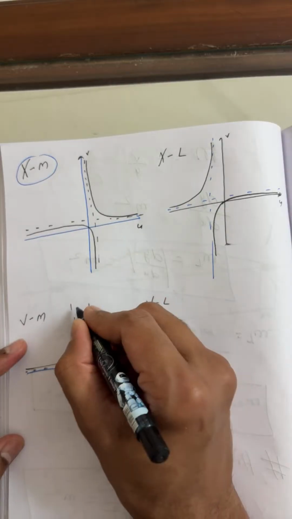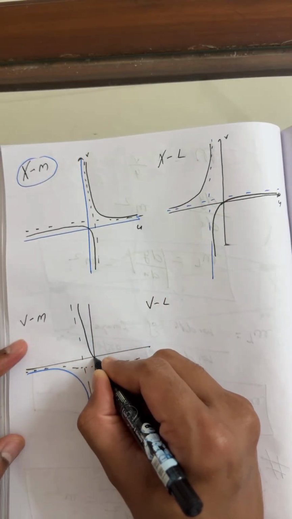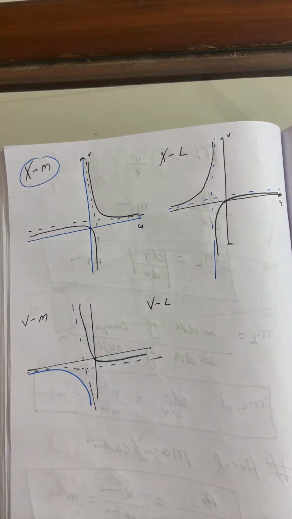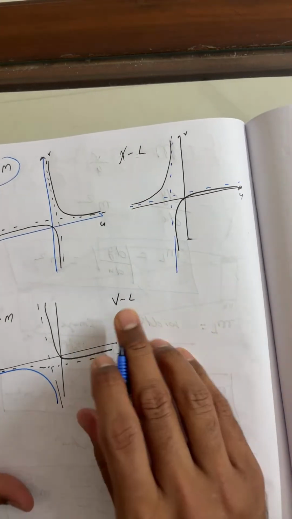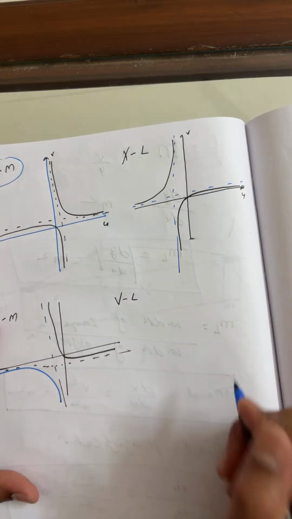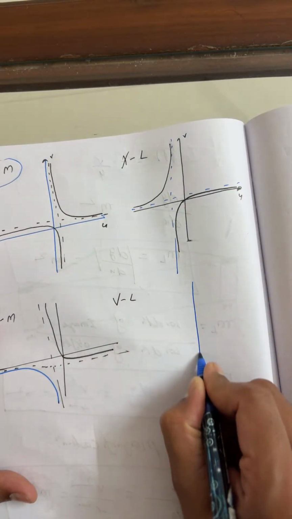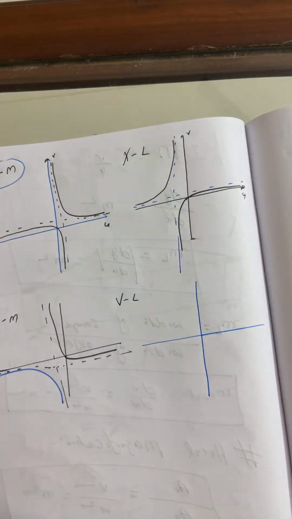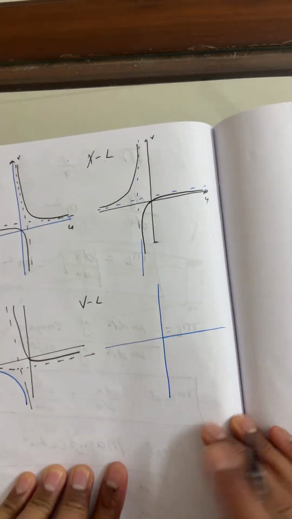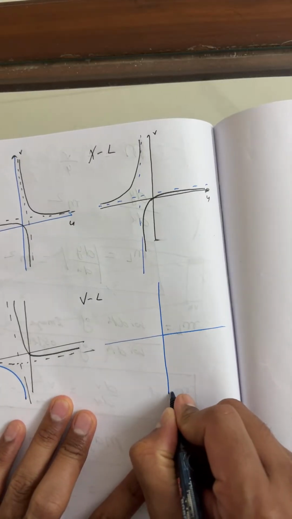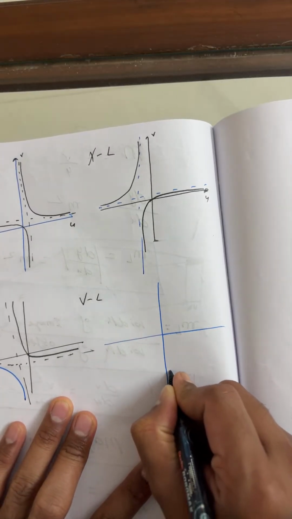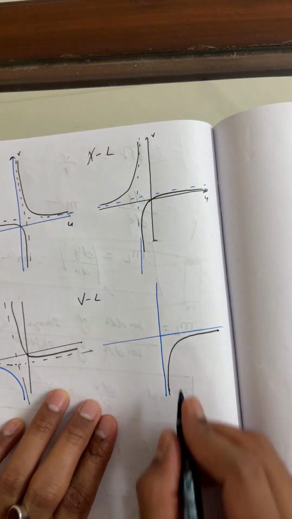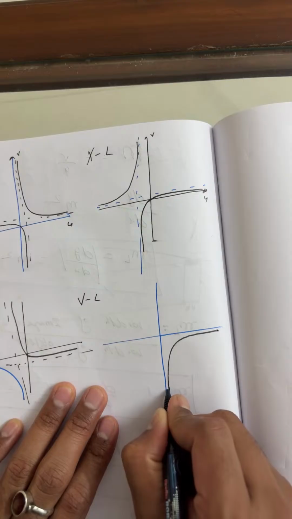So now finally you can write over here XM, XL, VM, and VL. This is the concave lens. Here you have to draw the graph in the fourth quadrant and take the mirror image. It's in the fourth quadrant.